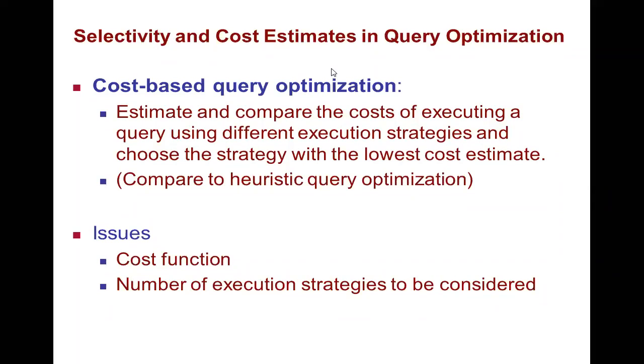Okay, so the main objective of applying query optimization in the relational database management system is to increase the query processing speed. At the same time, the relational database management system has to use the minimum amount of resources. Whenever we process any query, we need certain resources in the computer.